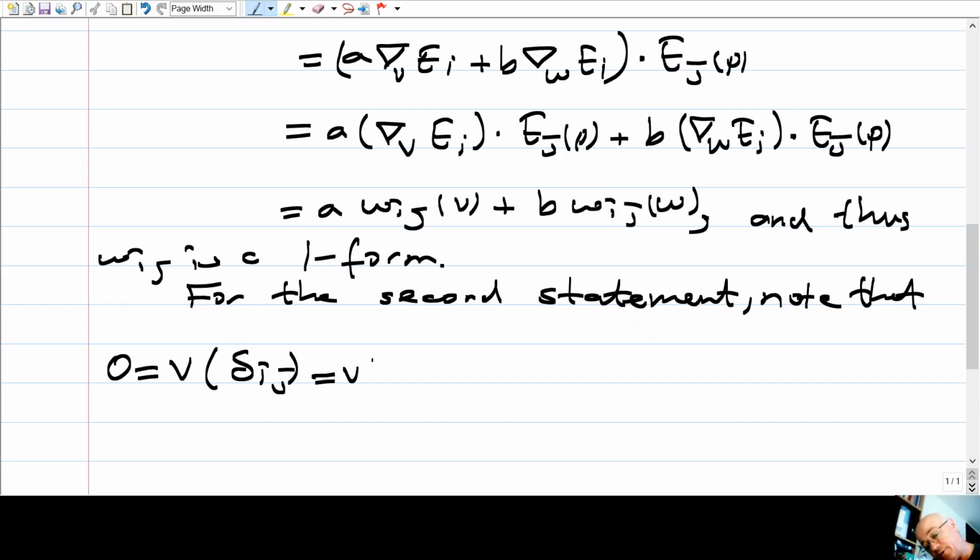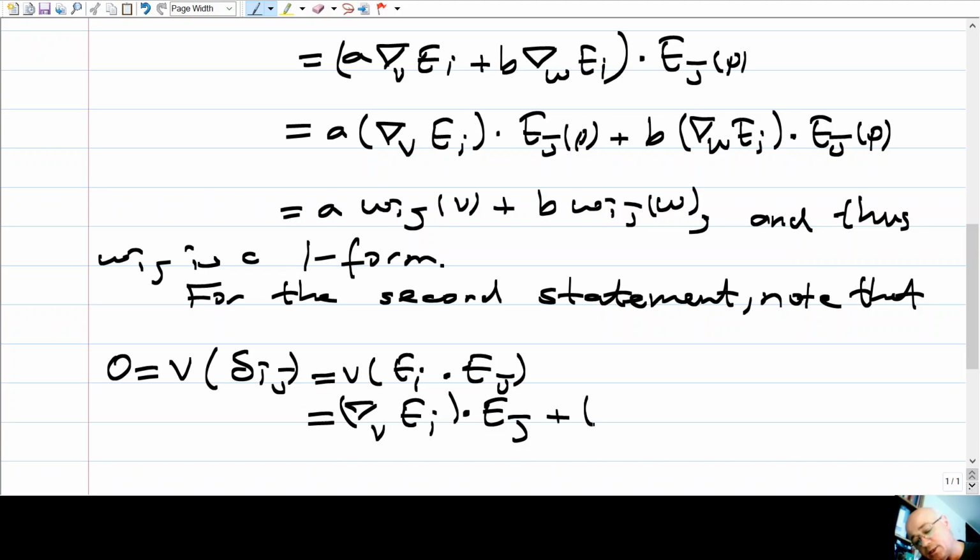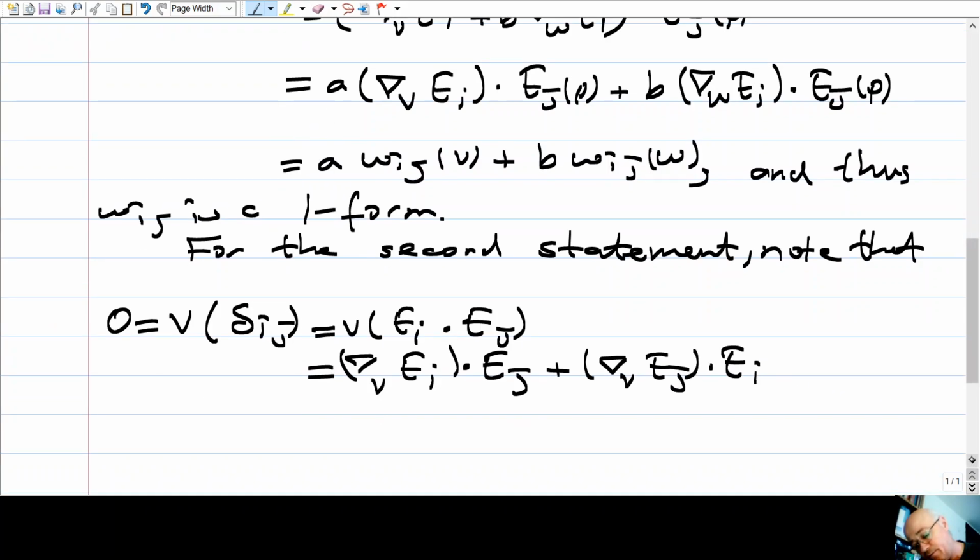But I can write it like this: Ei dot Ej. And then we know that we can apply the Leibniz rule. And this means what? This is just the covariant derivative of Ei dot product with Ej plus the covariant derivative of Ej dot product with Ei.